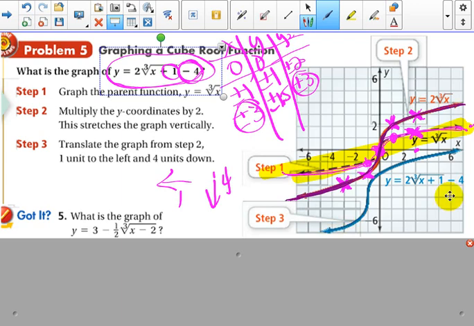Okay, now what we have to do is apply the horizontal and vertical movement to each one of those points we just graphed. So we're going to go to the left 1 and down 4. So take your origin to the left 1 and down 4. 1, 2, 3, 4. So here's my new origin. And you're going to do that to every one of these points.